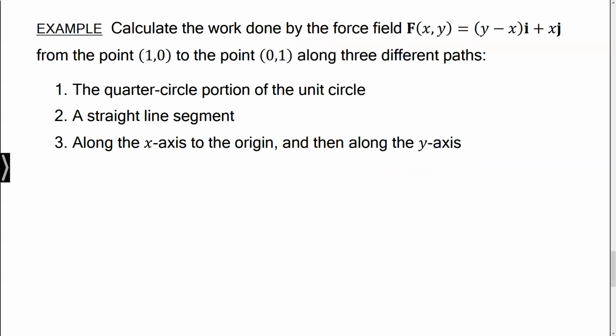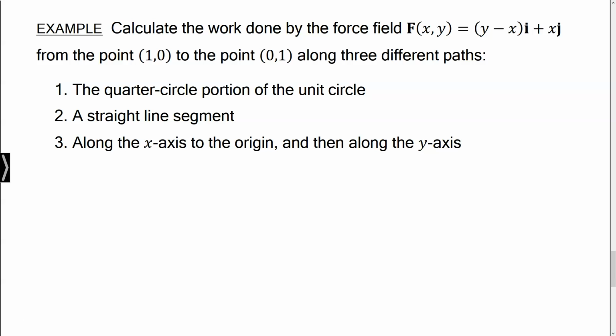So let's look at one more. This is a force field in 2 dimensions, and we're going to contrast this to the previous one. In the previous one we saw that because we got a positive work done around a simple closed curve, that force field was not independent of path.